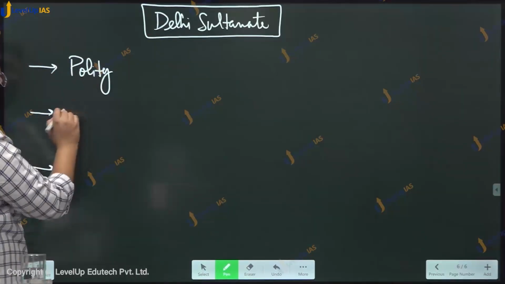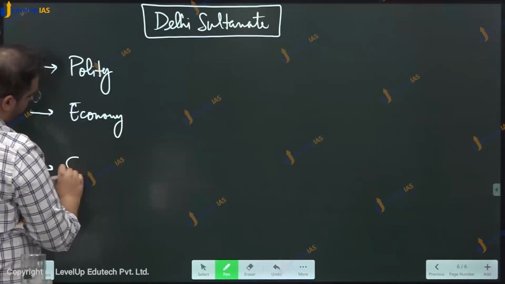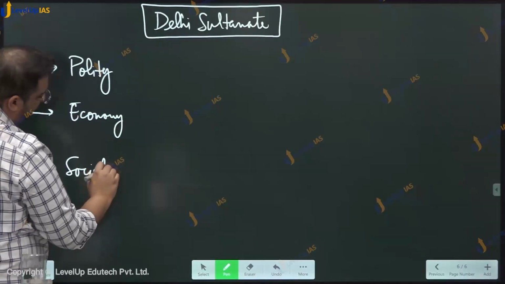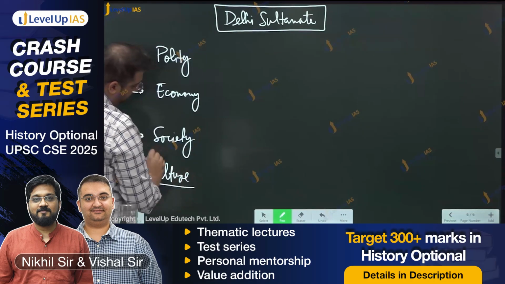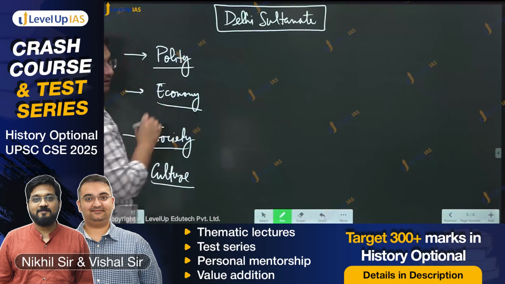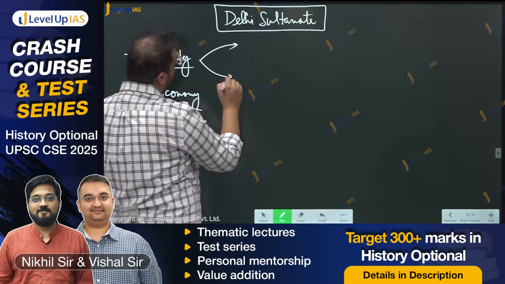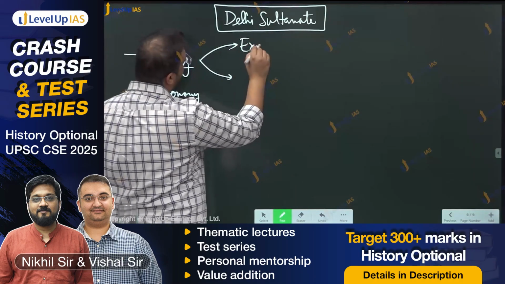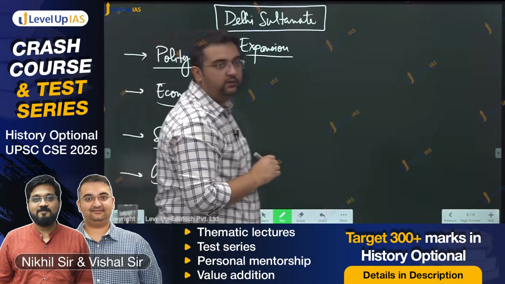पॉलिटी, इकोनॉमी, सोसाइटी एंड कल्चर. पॉलिटी में क्या क्या चीजें देखनी है हमें? पॉलिटिकल एक्सपेंशन, How?